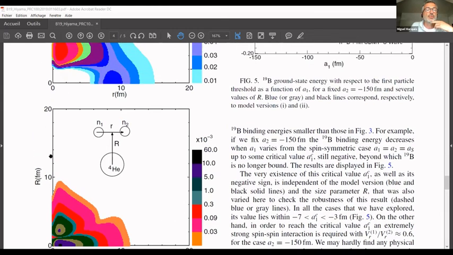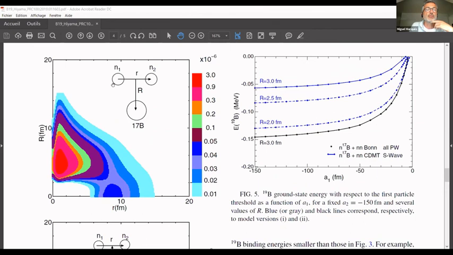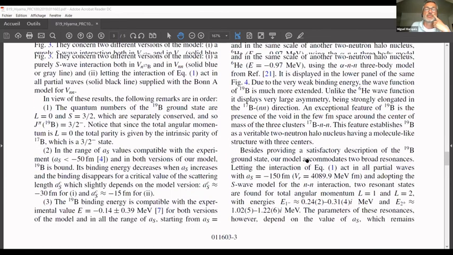In her model, boron 19 was even bigger. So you have a strongly clustered system, and you can reproduce the properties of the boron 19 ground state even at the unitary limit. You can take the scattering length even to infinity.